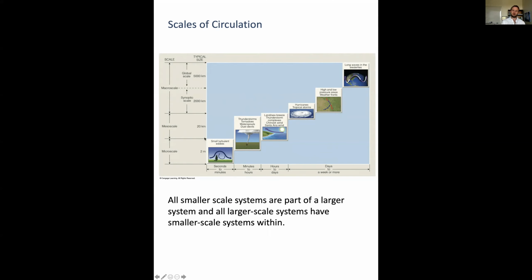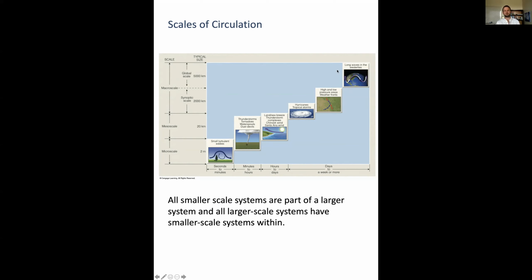The smallest are eddies and turbulence, for example, that are very small and also very short-lived, while the longer and larger systems move towards the top and towards the right of this graph, with the longest and largest planetary scale systems all the way to the upper right.